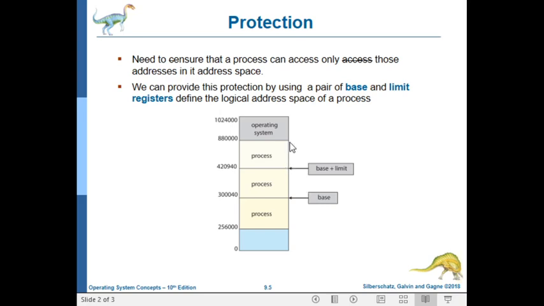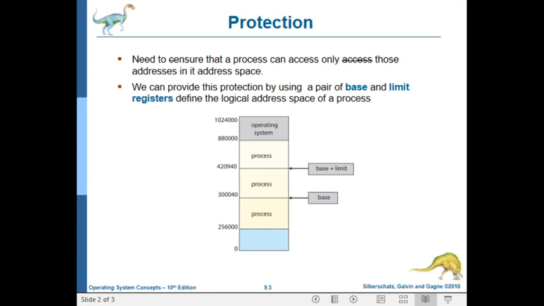In this approach, we only allow a process to access only those addresses in its address space. We do not allow a process to access the operating system or any other process.